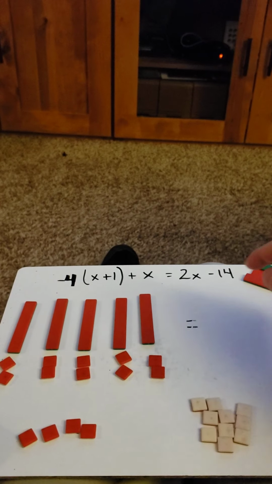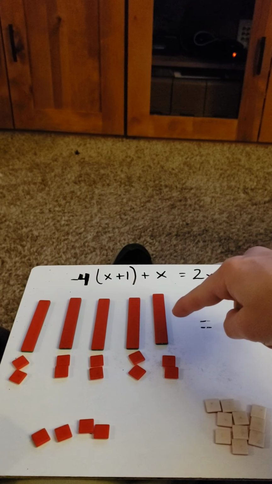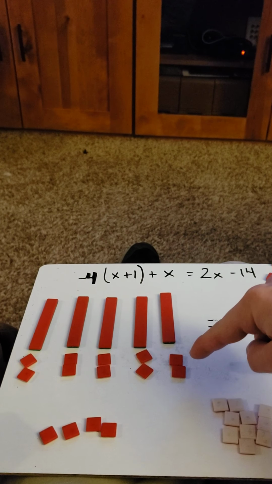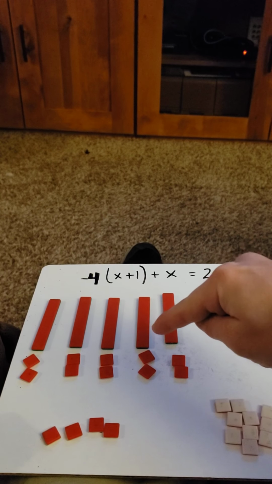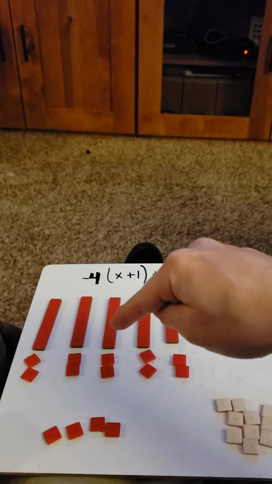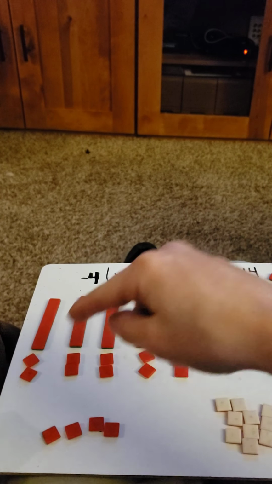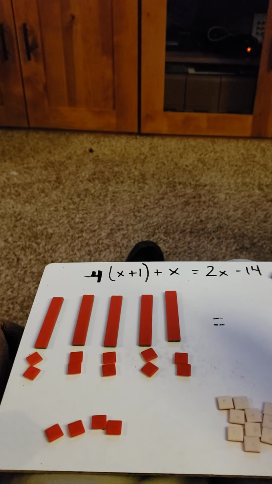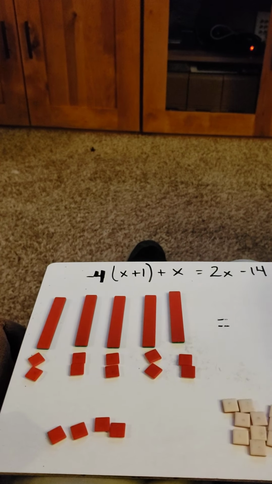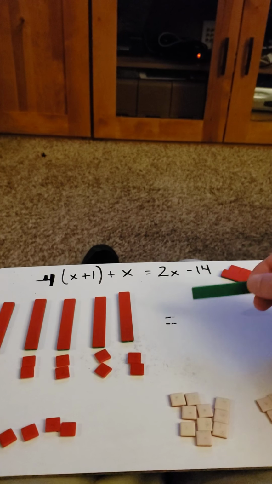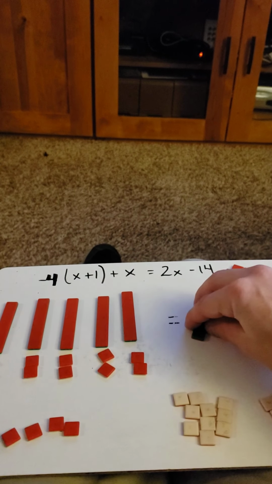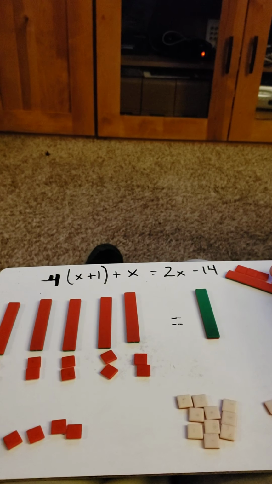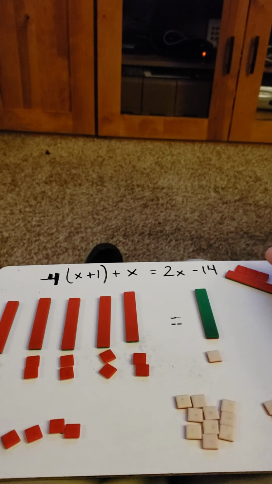So we have one negative x equals negative 2, and another negative x equals negative 2, and another one, and another one, and another one. Thinking about negative x equals negative 2 gets kind of confusing, so we'll just think of the opposite. If we're dealing with minus x, we can make it x. So if minus x equals negative 2, then x has to equal positive 2.